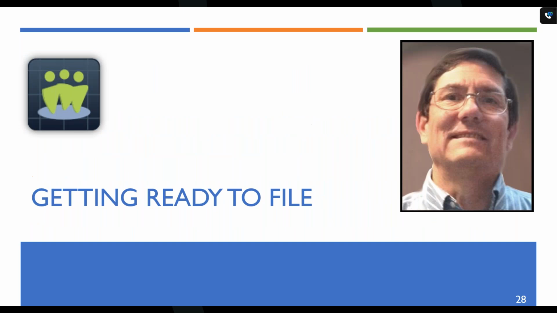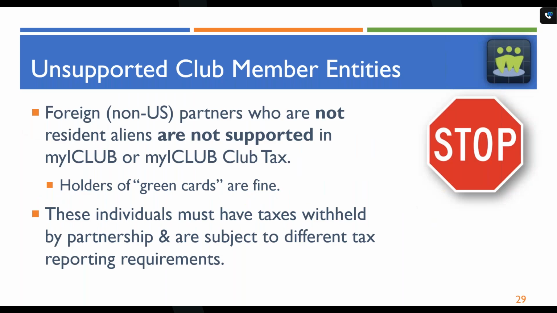Okay, now what are you doing getting ready to file? You want to get your accounts and your transactions ready. So there are some things that we do not support. Foreign partners are not supported, and this is non-US citizens who are not resident aliens, which means they have a green card.